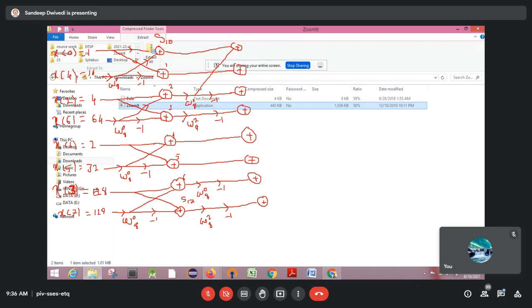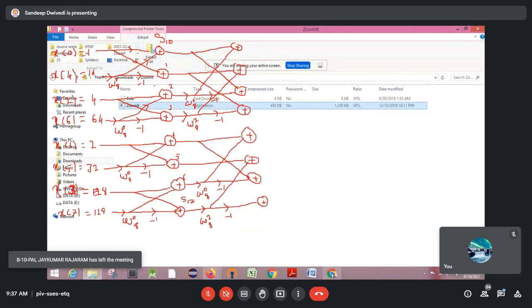Same thing for this also. Then you can join this. Same here also. Like this. So this will give you the output of stage 2.